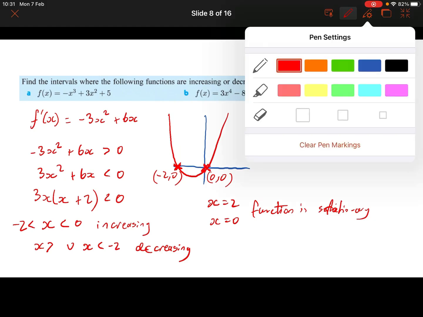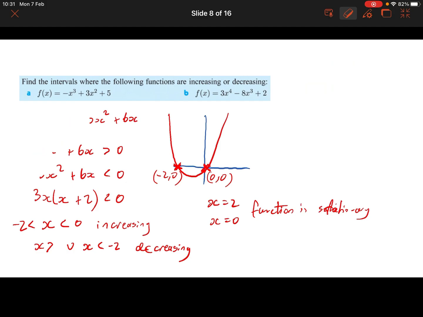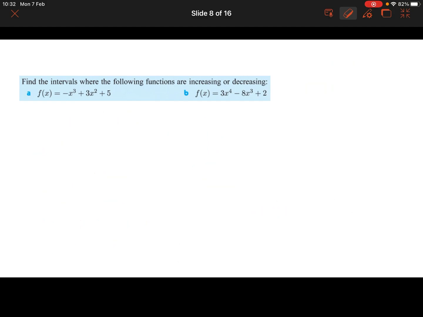Hopefully that makes sense. We can do the same with f dashed x. So we've got f dashed x equals, what's the gradient function here? That's going to be 12x cubed minus 24x squared, and the 2 will just simply disappear.